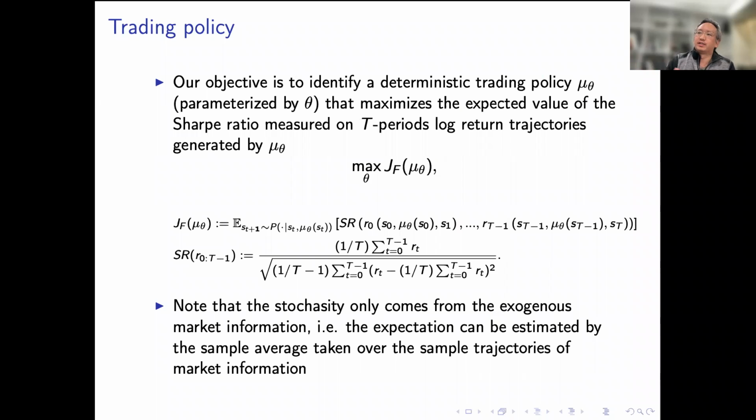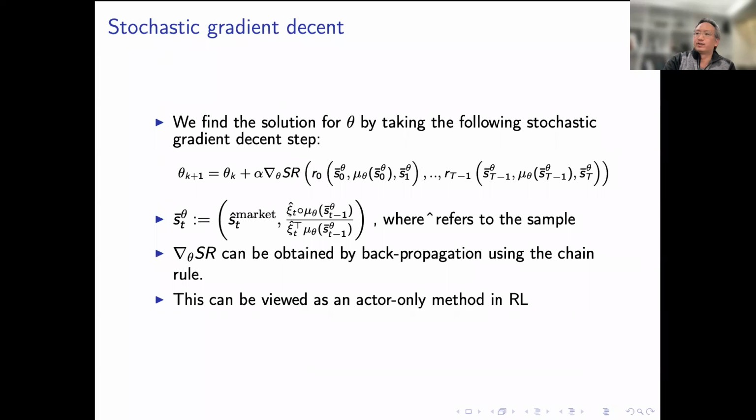This is similar to the actor-only method in reinforcement learning. We have some other follow-up work where we formulate the objective function differently, involving measuring the risk in a recursive fashion. In that case, we have a Bellman-type recursive equation, and that's where we can further solve the problem using the actor-critic method in reinforcement learning.